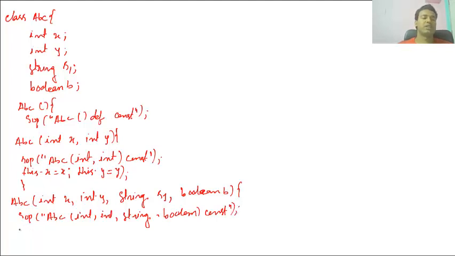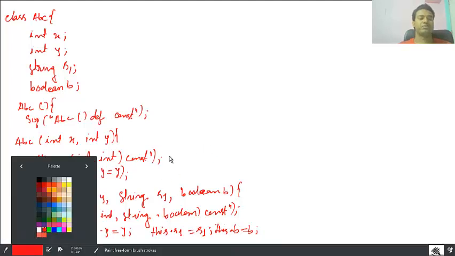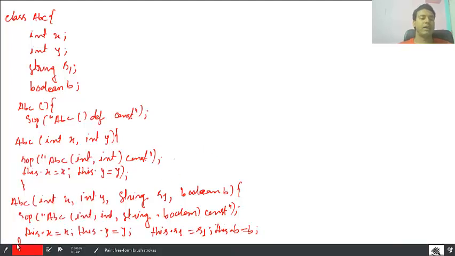And inside this I have to initialize the remaining statements. So this is this.x = x and this.y = y and this.s1 = s1 and this.b = b, right? So this is the program, right?